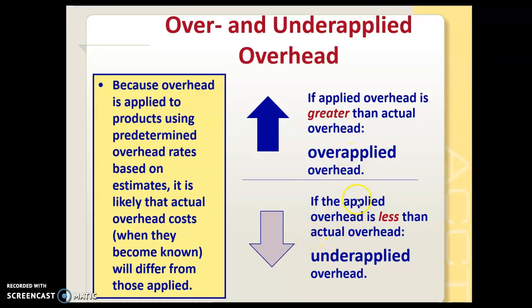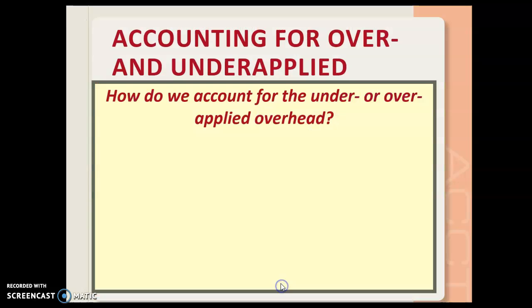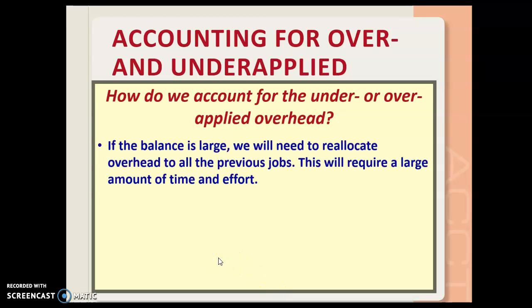Again, as long as the difference, whether it's underapplied or overapplied, is small, we can just move it to the cost of goods sold. Okay, again, if that difference is large, we have to reallocate overhead for the whole year to the previous jobs.